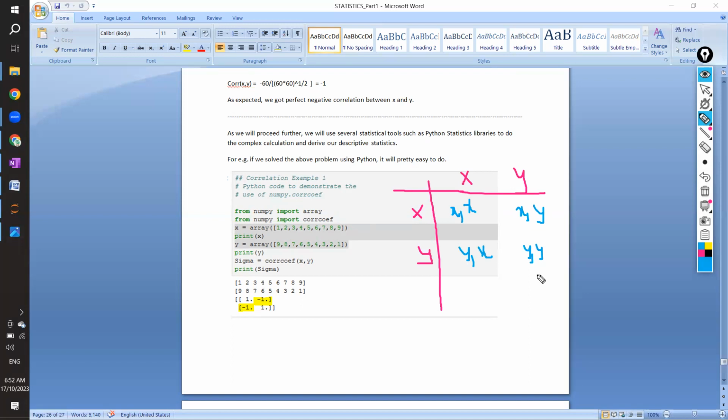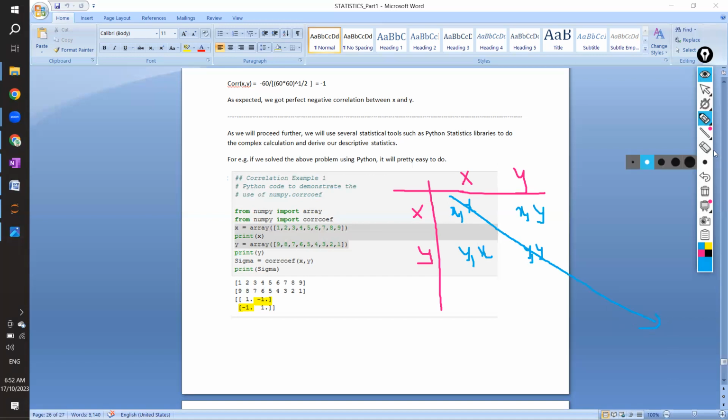Now, as you can see, the diagonal part. You will see this type of diagram in many places, but always remember the diagonal. This diagonal is considering the same column.